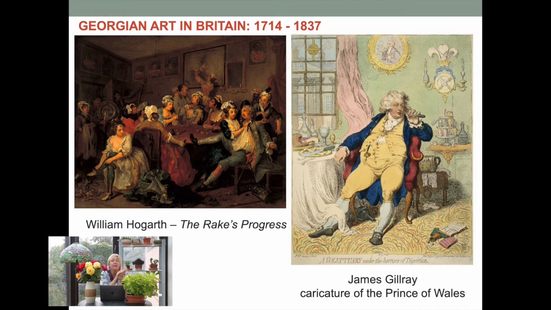Some of the centuries in Britain lasted longer than others. So there is this concept of the early modern period, and Georgian art kind of falls partially into that. We have the long 18th century and we have the long 19th century. We'll talk about it in a little moment.